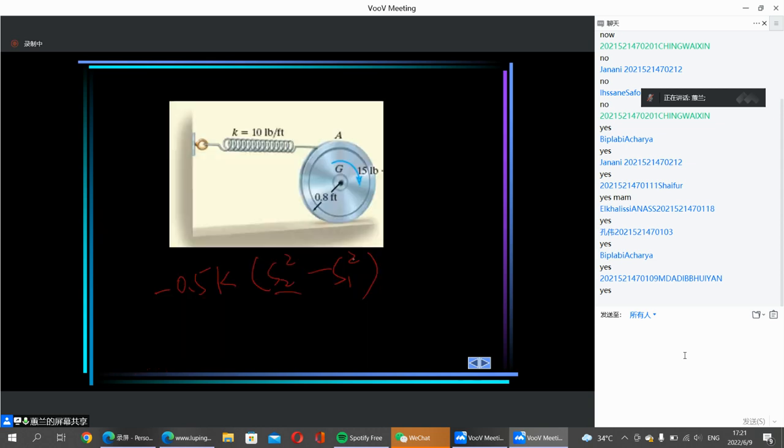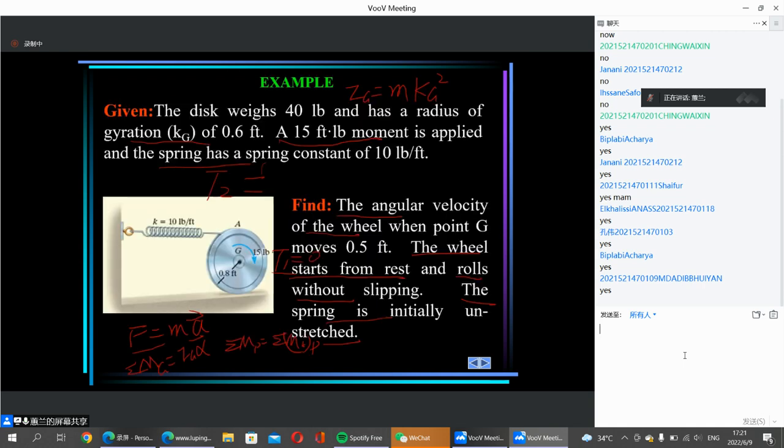That means S1 is actually equal to 0. But how about S2? And when you calculate the work by M d theta, we need to know d theta. What will be the d theta?